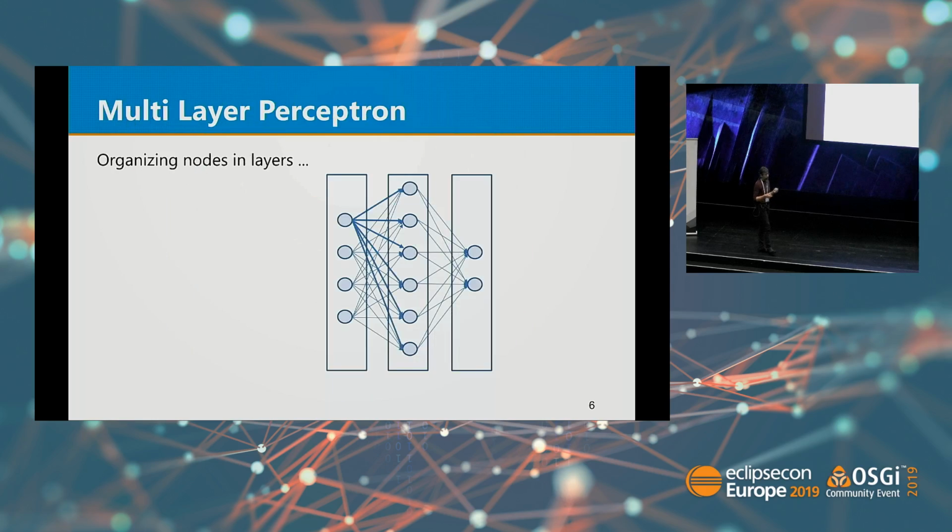Now we have seen the model of a single node, but how can we assemble more nodes into a network? Well, generally, we organize them into layers. So we have the input layer, the output layer, and a number of hidden layers in between.